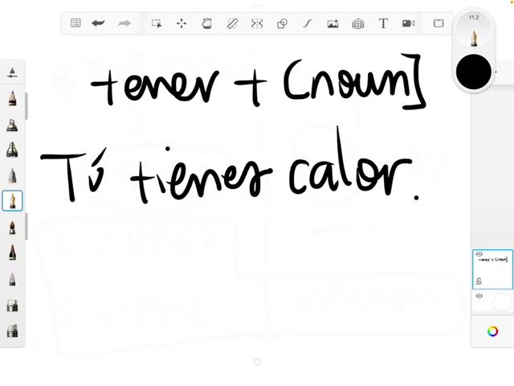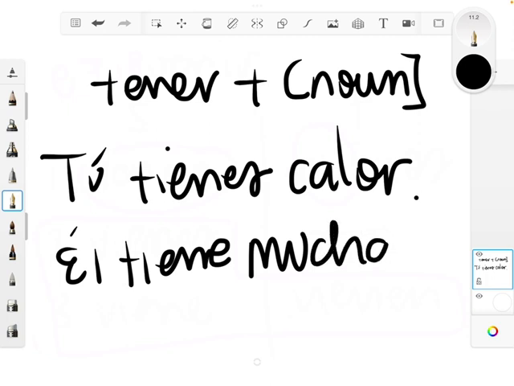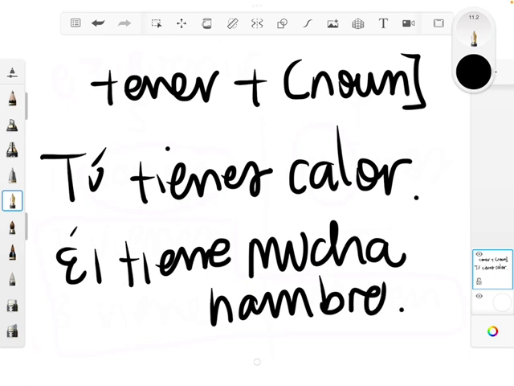It means you're very hot, like your temperature is hot, like you have a fever or you're feeling really, really overheated. Él tiene mucha hambre. He is very hungry.